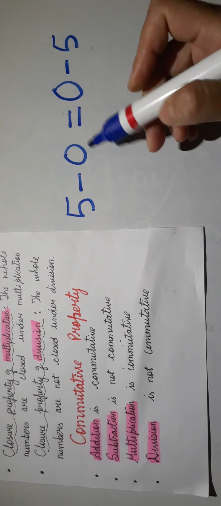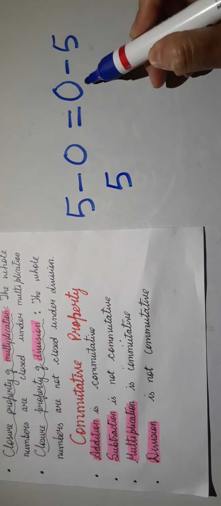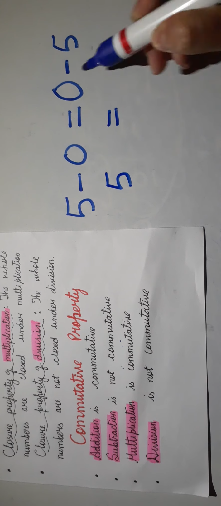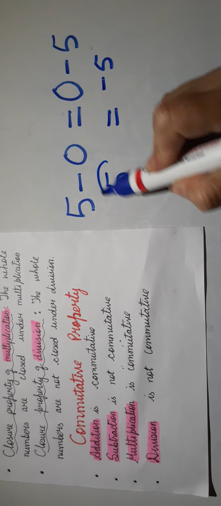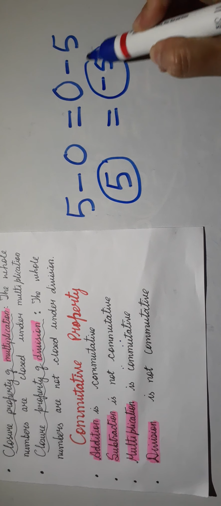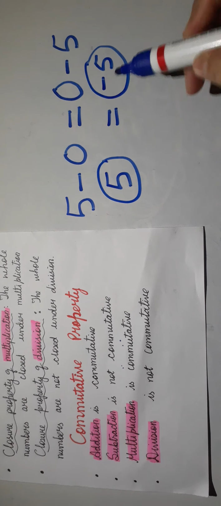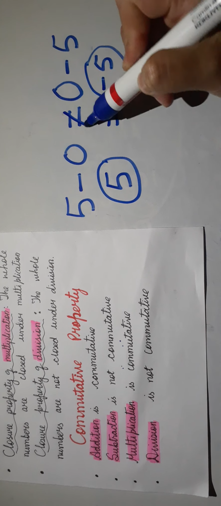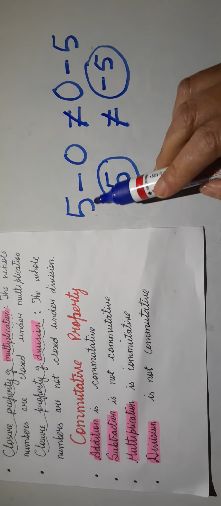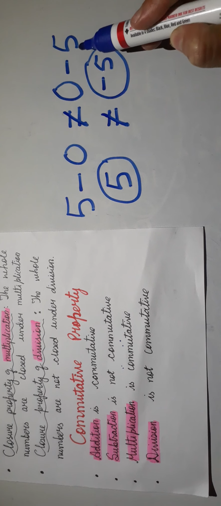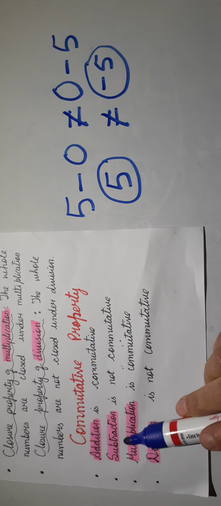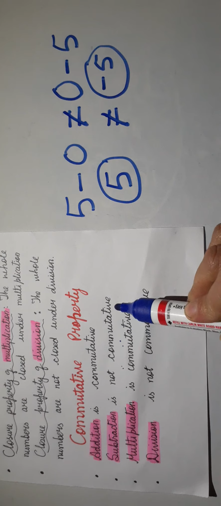Now 5 minus 0 is 5, but here 0 minus 5 is minus 5. Now 5 and minus 5 are not the same number, so not equal. That means this left hand side is not equal to right hand side. So subtraction is not commutative.